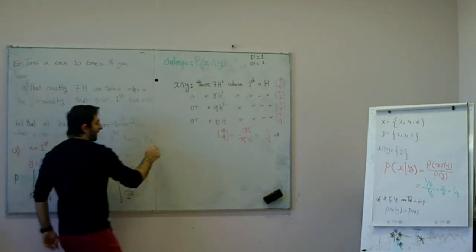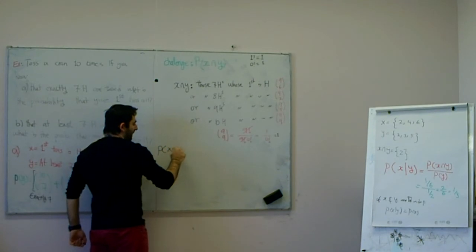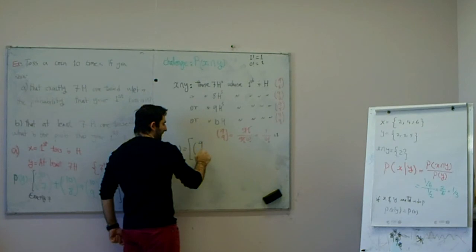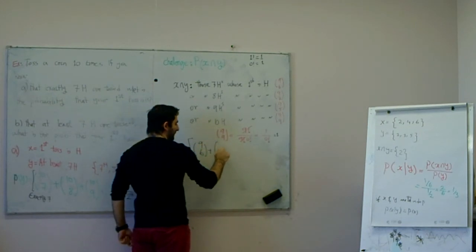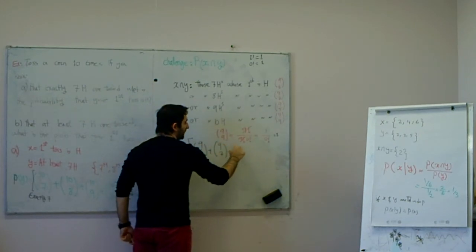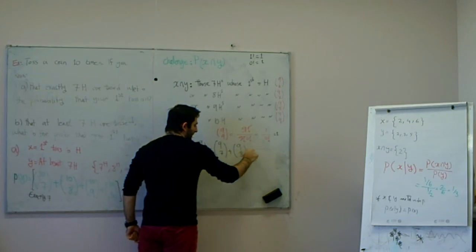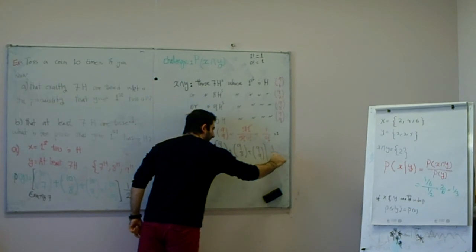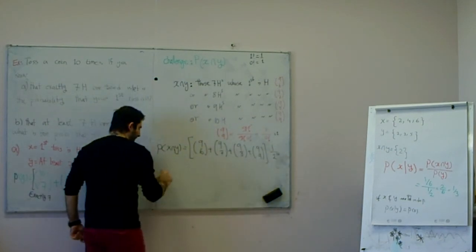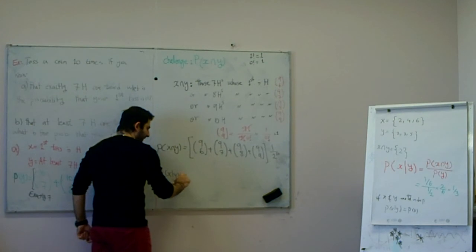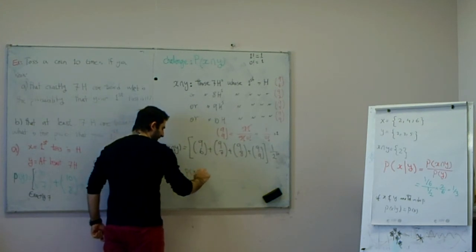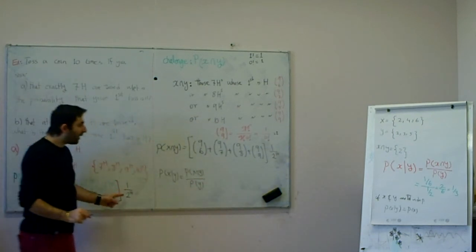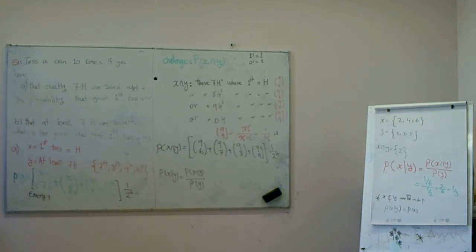So the probability of X intersected by Y is C(9,6) plus C(9,7) plus C(9,8) plus C(9,9), multiplied by 1 over 2 to the power 10. So the probability of X given Y is the probability of X intersected by Y divided by the probability of Y. The 1 over 2 to the power 10 will cancel each other.